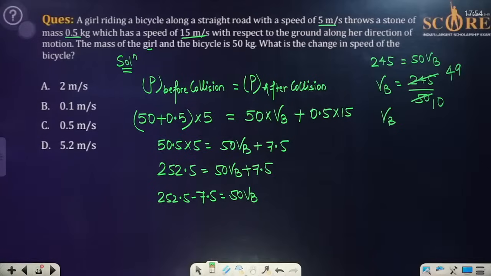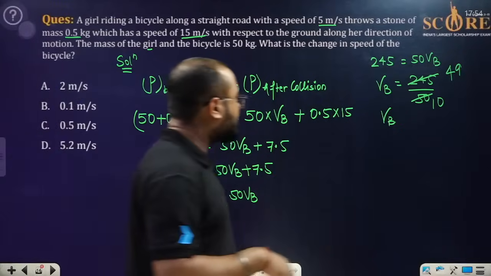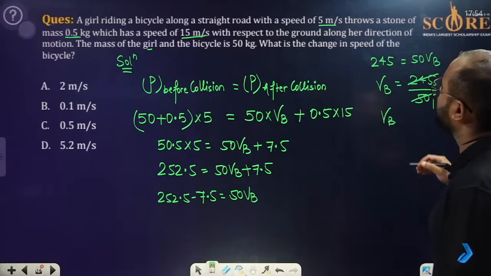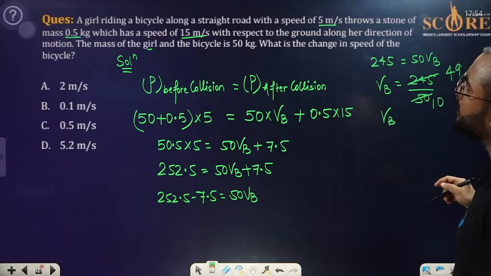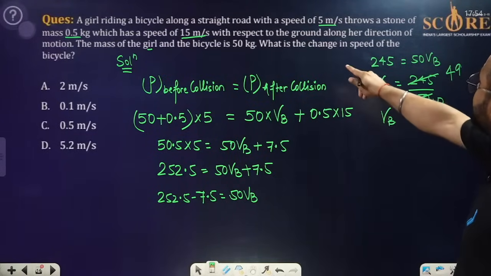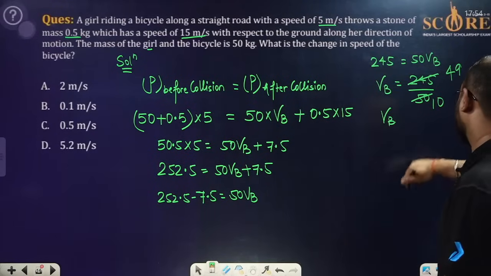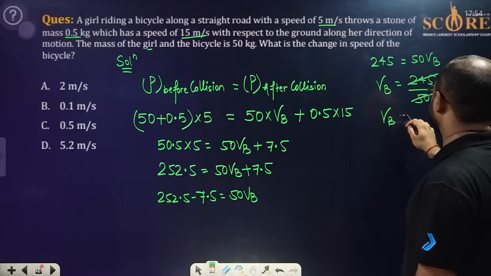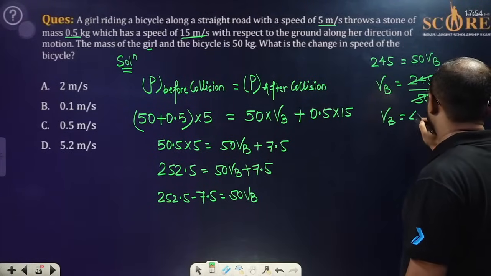Am I doing any mistake in this? What is the change of the speed of the bicycle? So the velocity of the bicycle is coming out to be 4.9 meters per second.